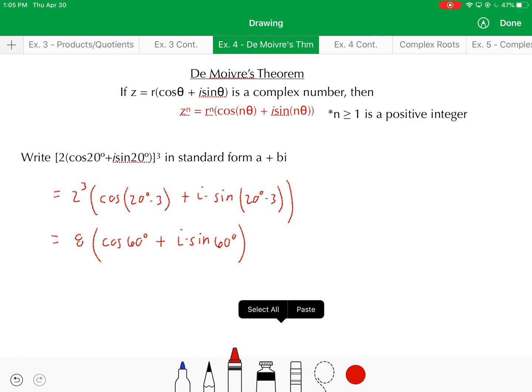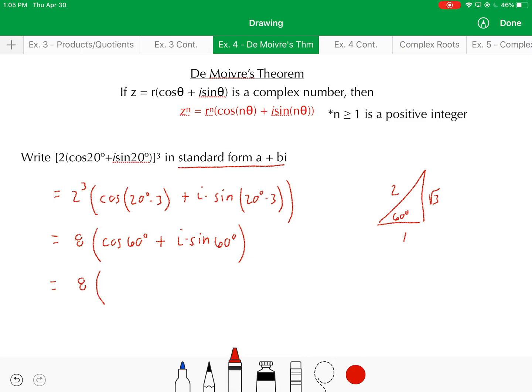Notice the directions, however, they want us to write our answer in standard form. So that means I'm going to have to find both cosine and sine of 60. Let's visualize that. Okay, so cosine there is 1/2.